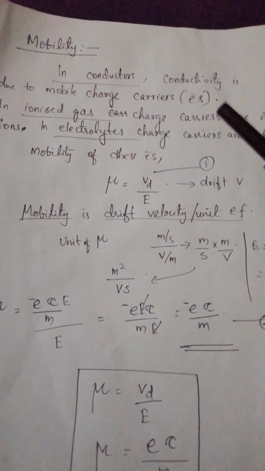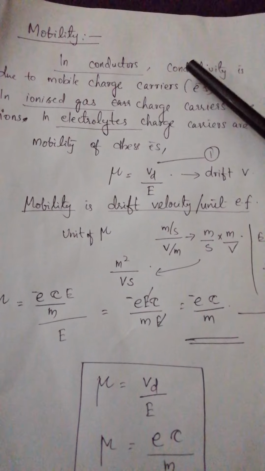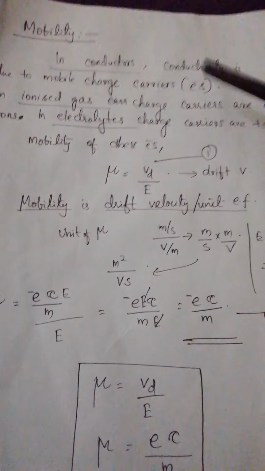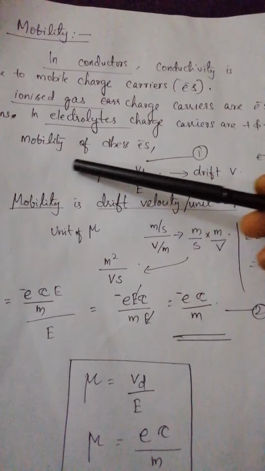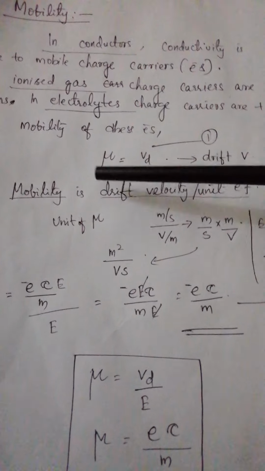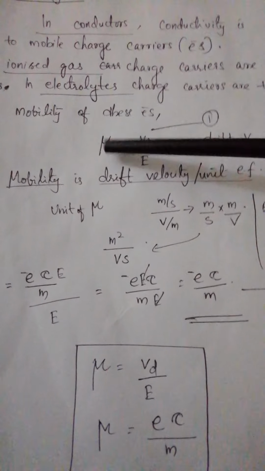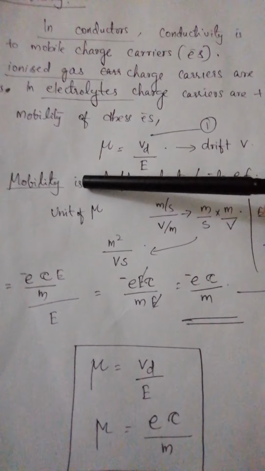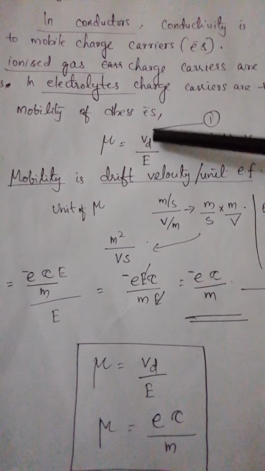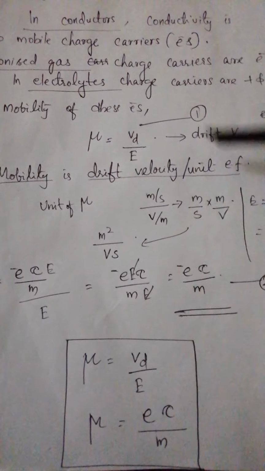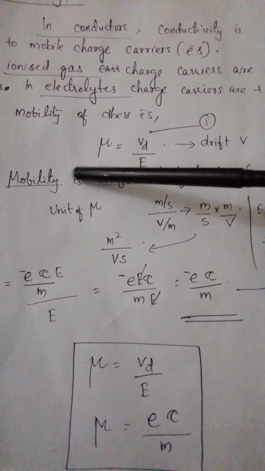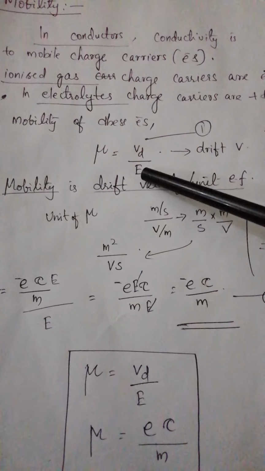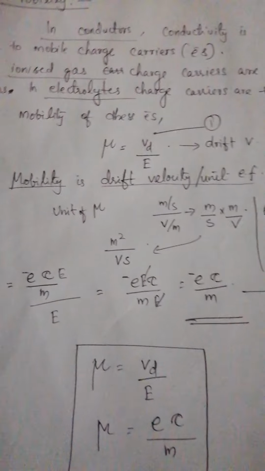We are discussing conductors. So in conductors, mobile charge carriers are electrons. Mobility of these electrons we can write as mu is equal to Vd by E. That is, mobility is the drift velocity per unit electric field.